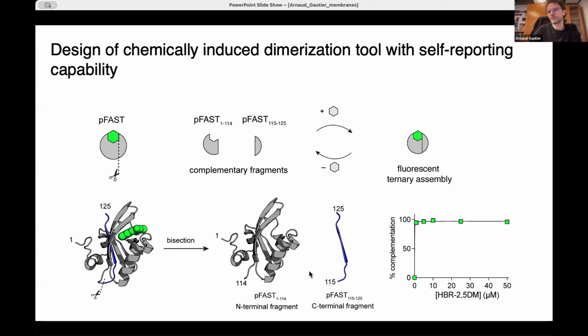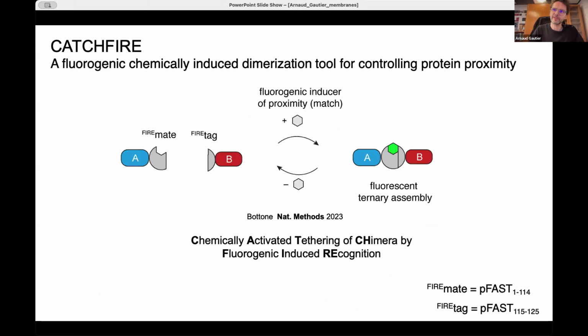And interestingly, what we observe is that upon addition of the fluorogenic chromophore we use for pFAST, we could really promote, at low concentration of fluorogen, the complementation of these two systems. So we could really have a system that upon addition of the chromophore would promote the binding of the two protein fragments. And it's like this that we developed the technology, splitFAST, which has been introduced in the introduction.